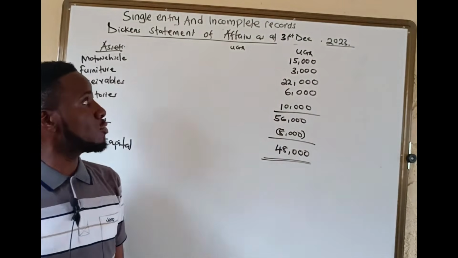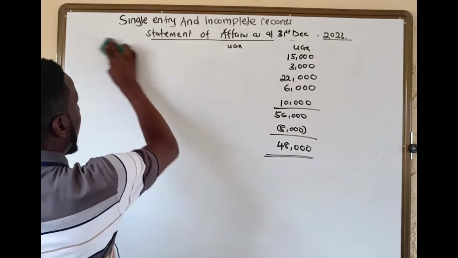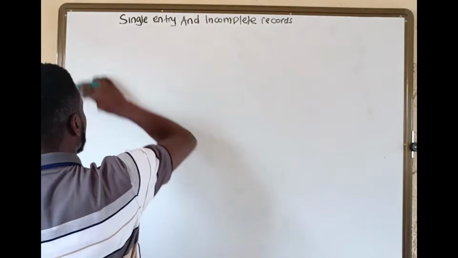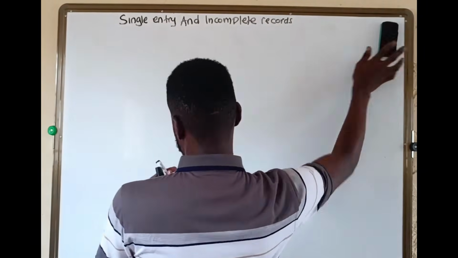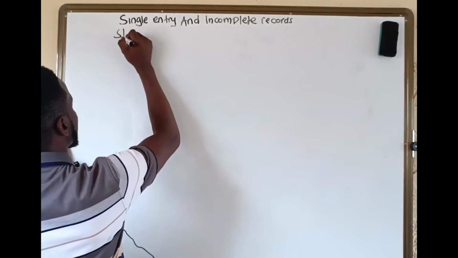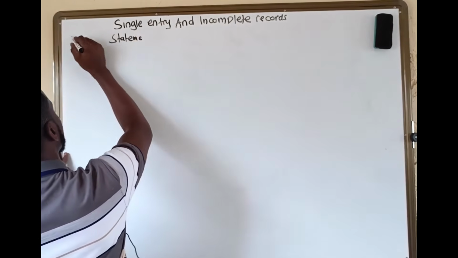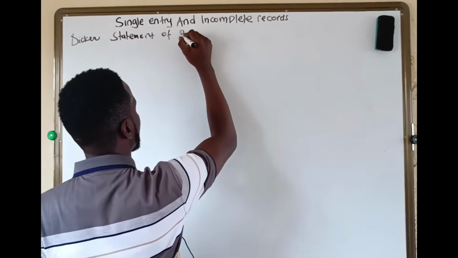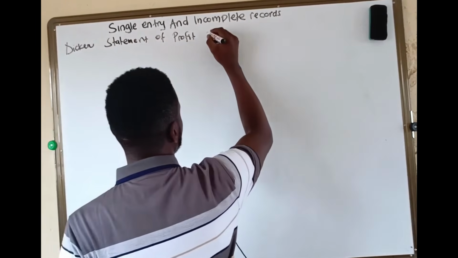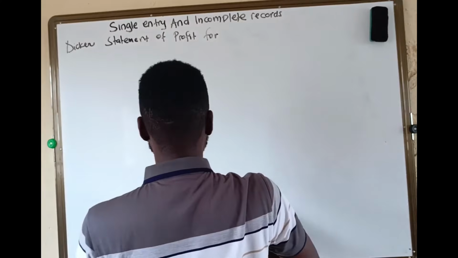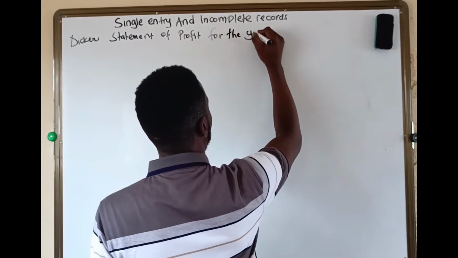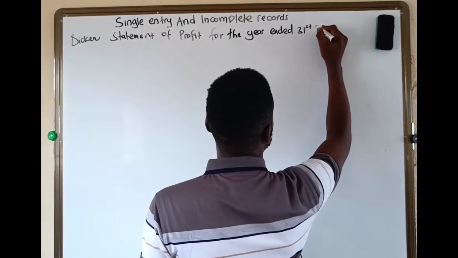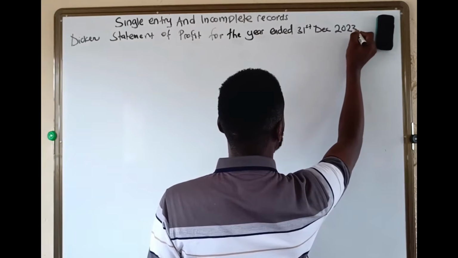So what we do, we come here and say, statement, actually Dickens, statement of profit for the year ended 31st December 2023.